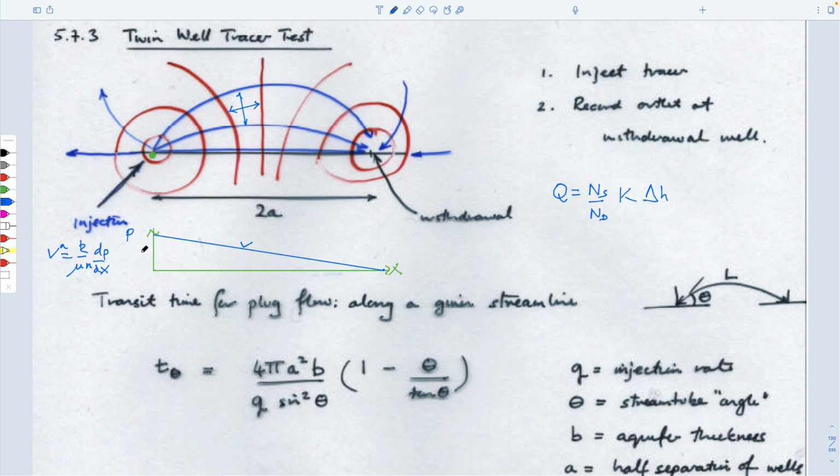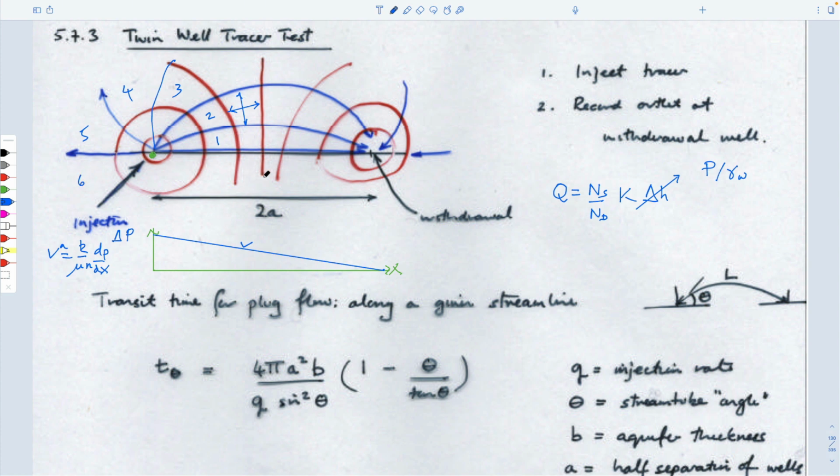So if this is P, the head drop would be equal to what? It would be equal to this pressure, delta P, divided by the unit weight of water. The hydraulic conductivity would be whatever we prescribe it to be. The number of stream tubes would be 1, 2, 3, 4, 5, 6, 7, 8, 9, 10, right?